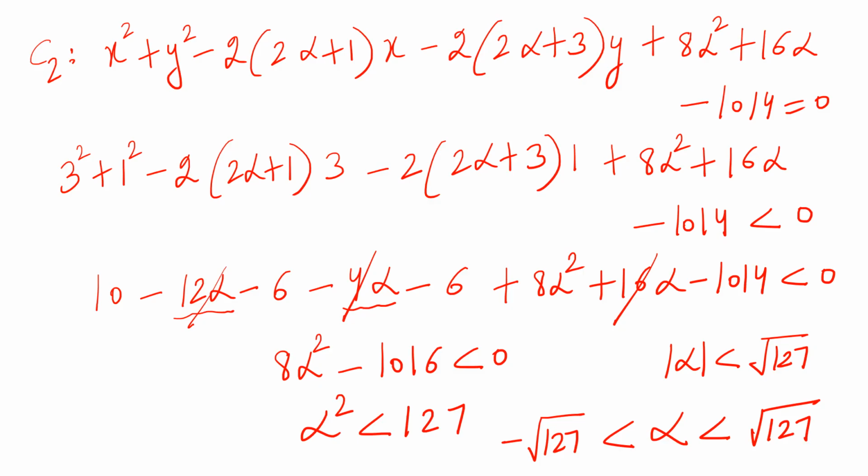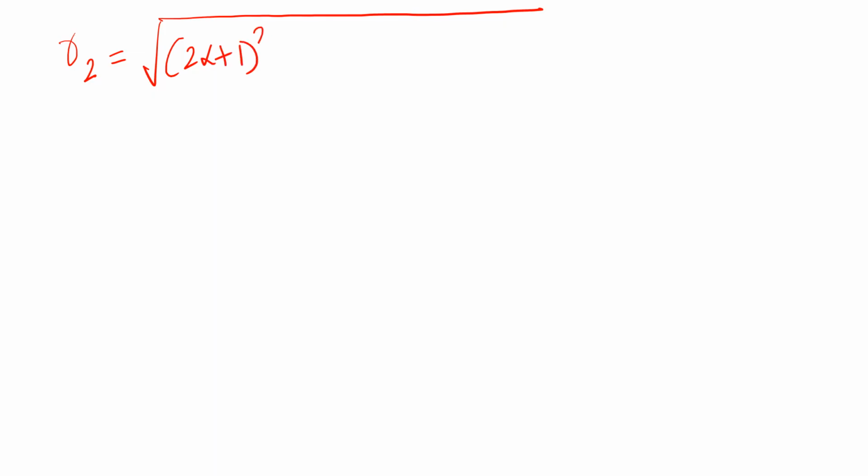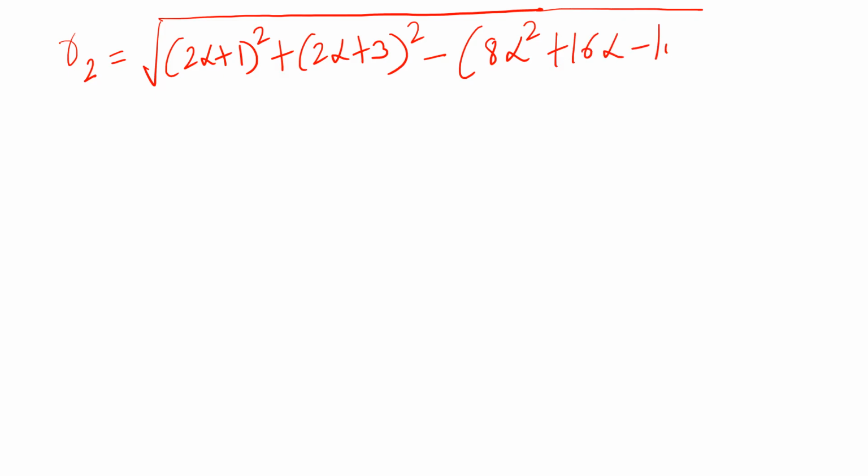Right? Now students, we move further. We will find the radius R2 of the circle C2. And this comes as the square root of (2α + 1)² + (2α + 3)² − (8α² + 16α − 1014).